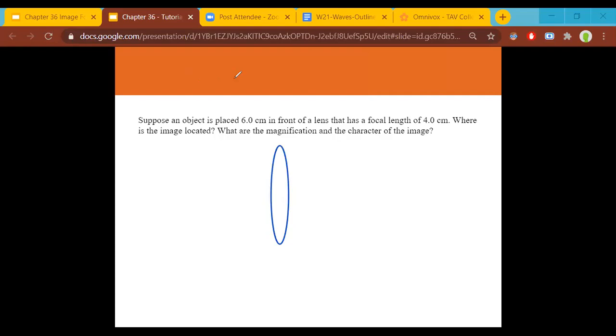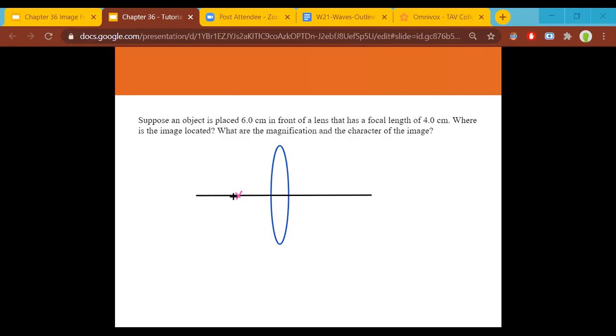Converging lenses can form real and virtual images depending on where the object is. In this case, the object is farther away from the lens than the focal point. So the focal point is over here.